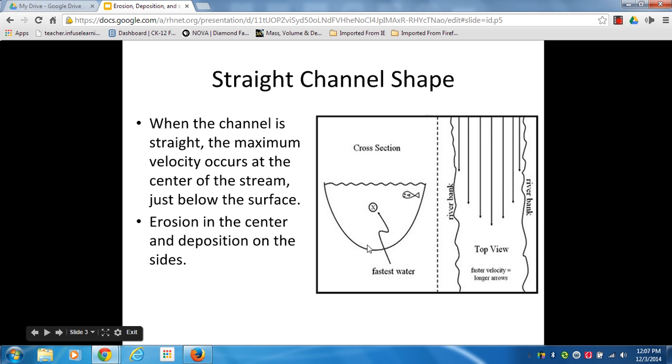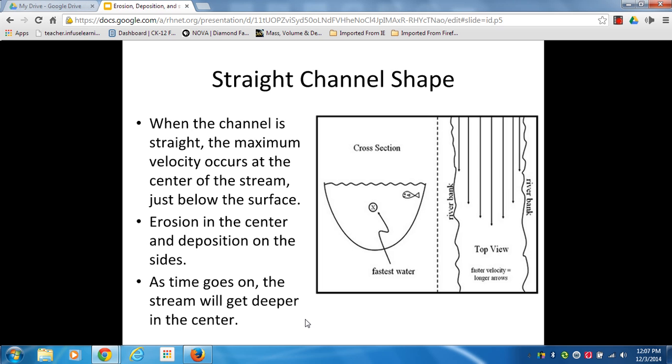So we're going to get more erosion in the center of the stream and more deposition towards the outside, because when water slows down, it deposits or leaves behind the sediment that it's carrying. So the slower the velocity, the less sediment that it can carry. So it's going to deposit towards the outside and it's going to erode in the center. So over time in this portion of the stream, we're going to see that the stream channel will become deeper in the center because that's where erosion is happening.